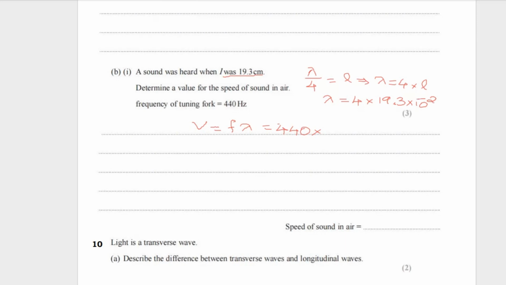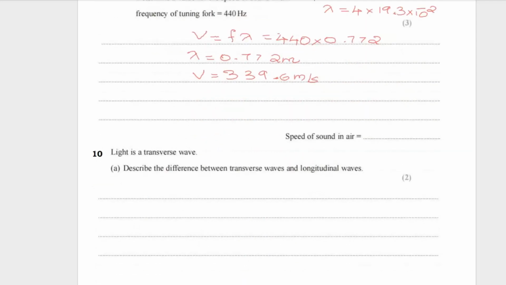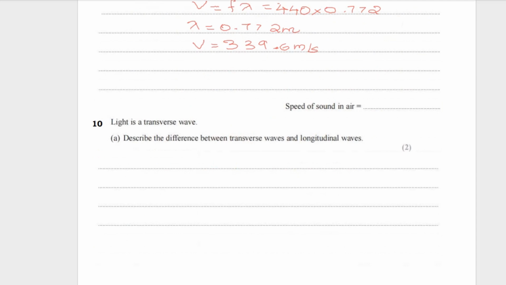Do the calculation and you will get lambda as 0.772 meters. Substitute 0.772 multiplied by 440, and you will get a wave speed of 339.6 meters per second.